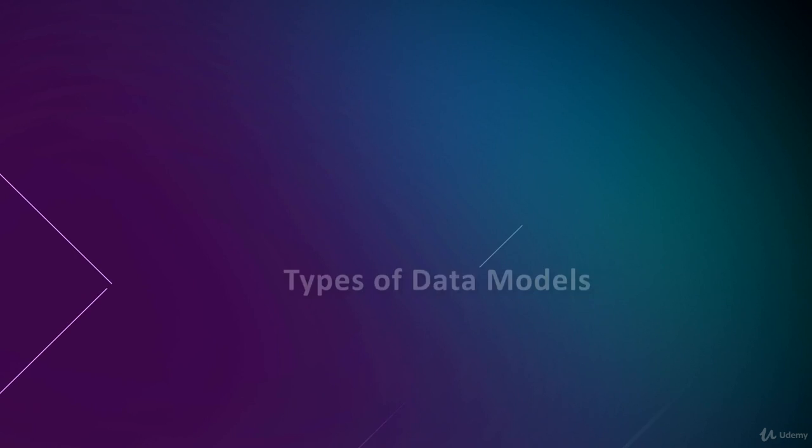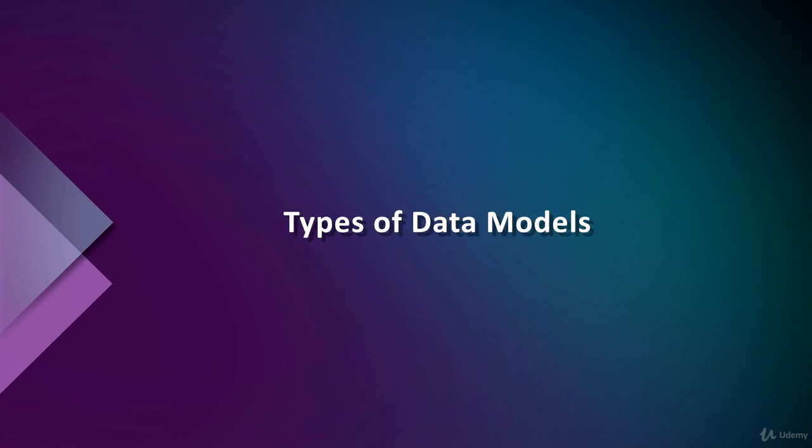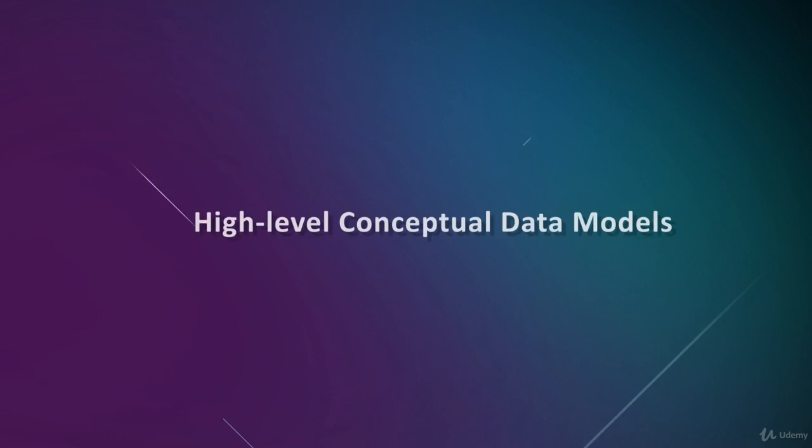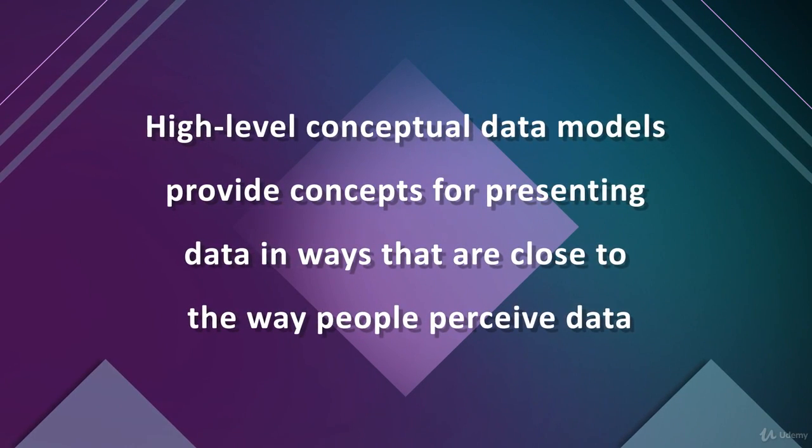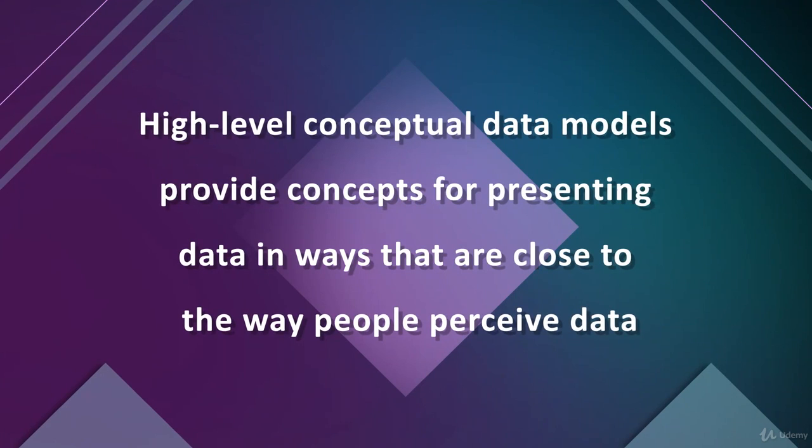Now let's talk about the types of data models. High-level conceptual data models. High-level conceptual data models provide concepts for presenting data in ways that are close to the way people perceive data. A typical example is the entity relationship model, which uses main concepts like entities, attributes, and relationships.